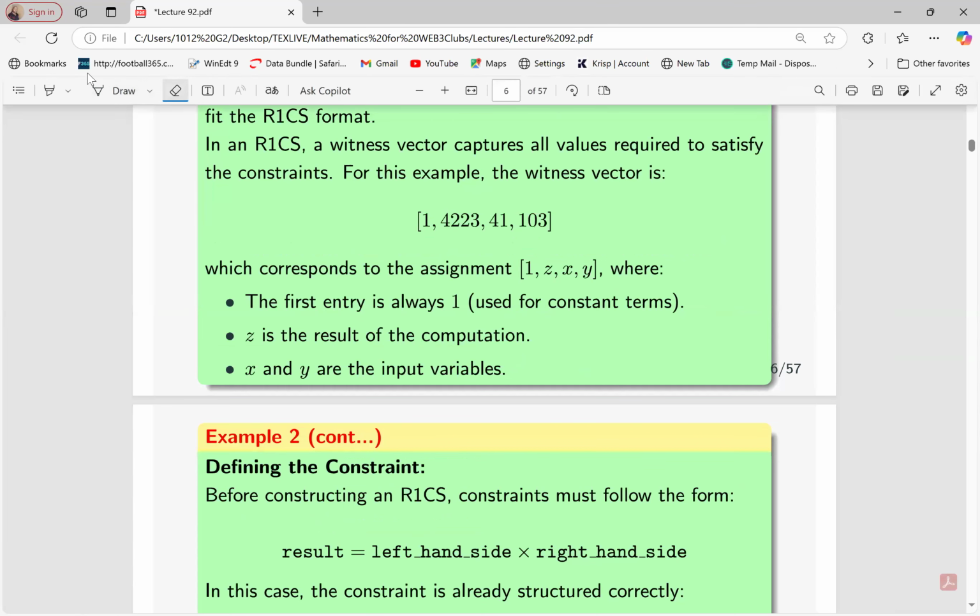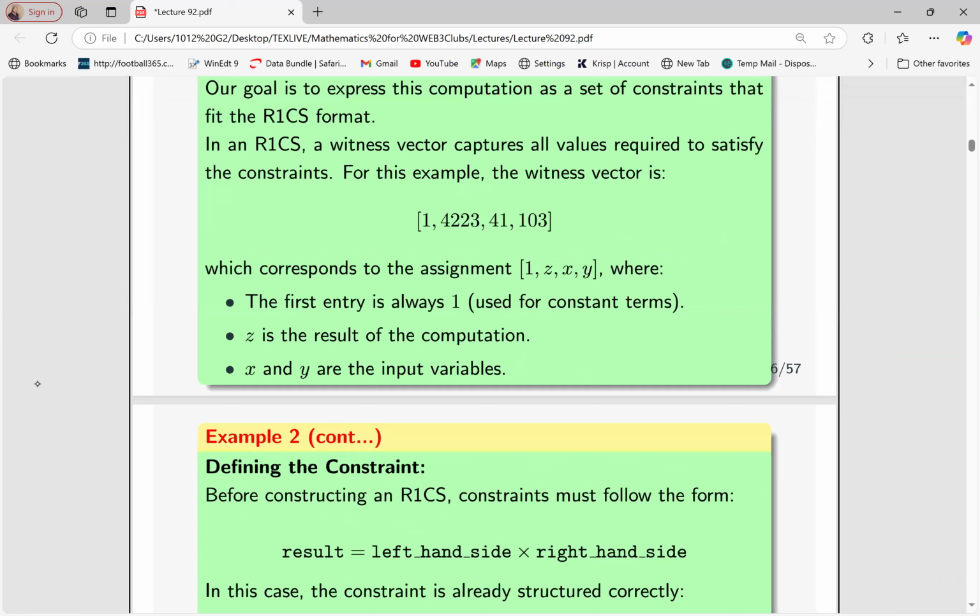So what it means is we have said that O was 0, 1, 0, 0, which we can write this way. And then our witness A is 1, 42, 23, 41, 103. You can always write it as a column vector.